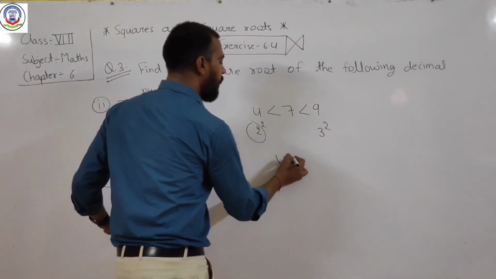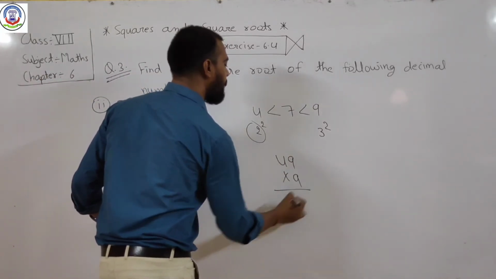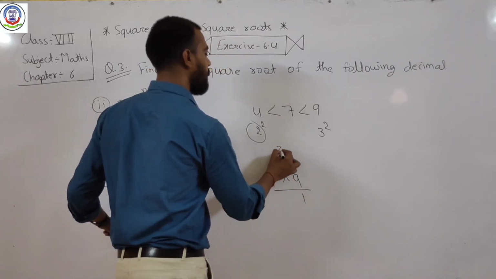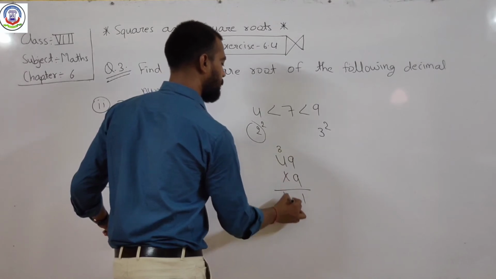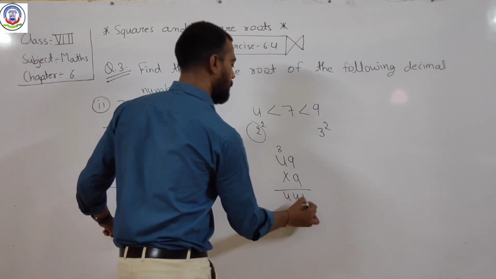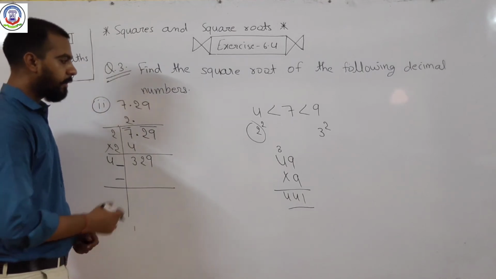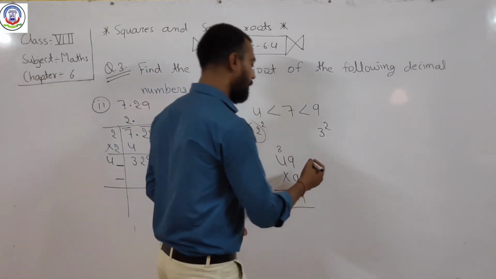So with 4 we will take 9, and the multiplication of 49 and 9 will be 441. That means we can't take 9, we have to take another number.